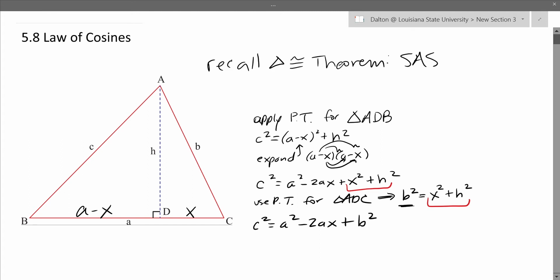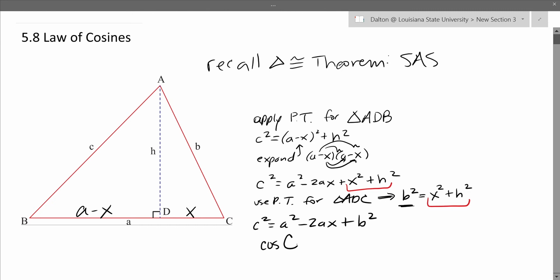Okay, and then the last thing is x isn't really a part of our triangle either, right? It's just a portion of the triangle that I put there. So remember this is called the law of cosines, so we need to incorporate cosine somehow. So let's go ahead and set up the cosine of angle C. Cosine is adjacent over hypotenuse.